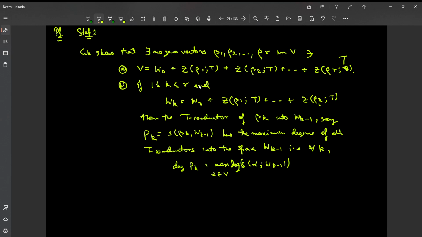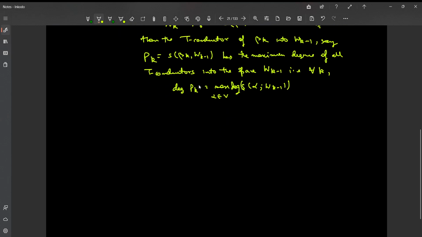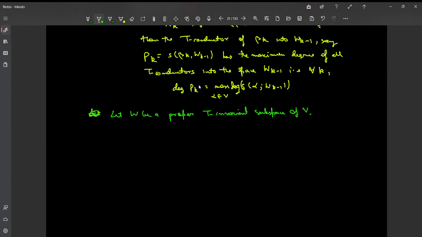What we do is observe that, suppose we choose a proper T invariant subspace of the vector space V. Let W be a proper T invariant subspace of V. Then clearly the maximum possible degree of the T conductor of a vector alpha into W, this degree is greater than 0 and less than or equal to the dimension of V, right?